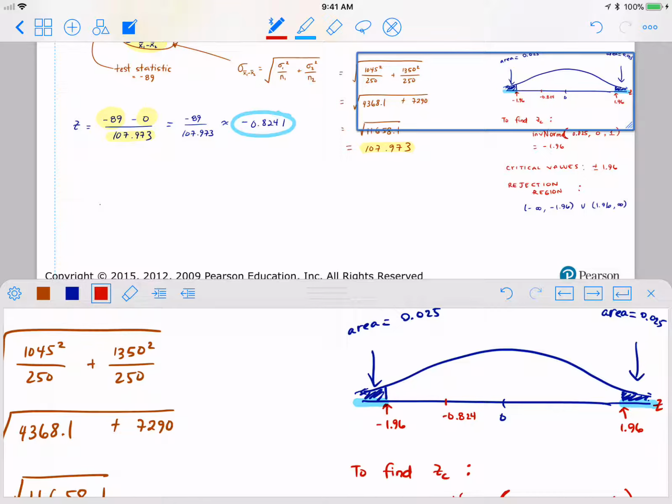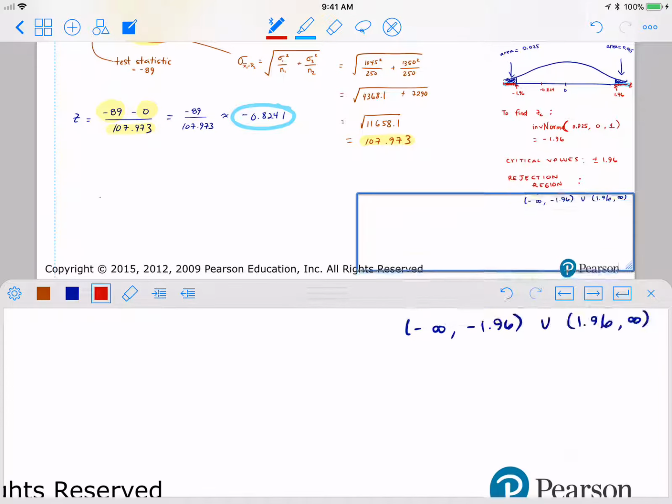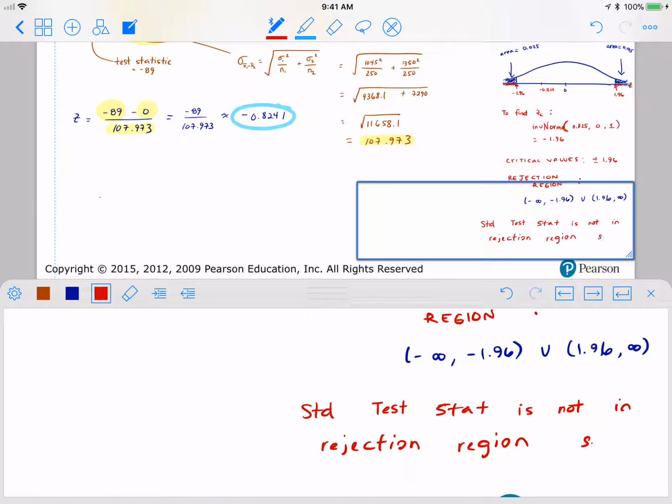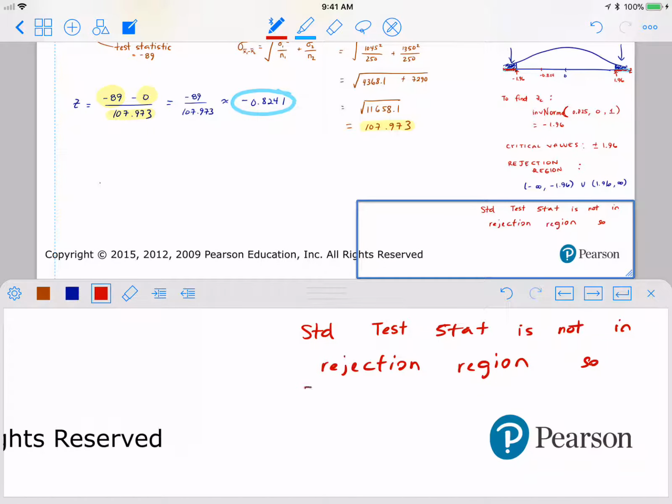So it is not in the rejection region. So we say our standardized test statistic is not in the rejection region, so we fail to reject H naught.